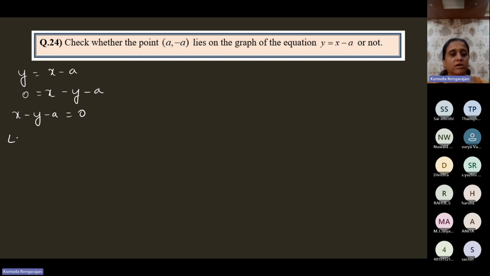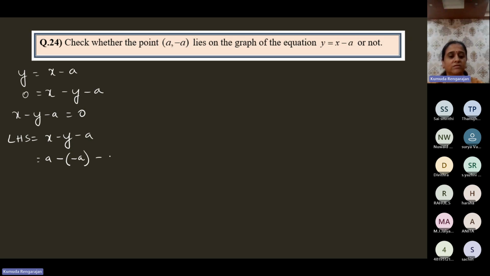Okay, so now the left hand side is x minus y minus a. Now (a, minus a) is the point, so x is a and y is minus a. There's already a minus here, and the value of y is minus a.